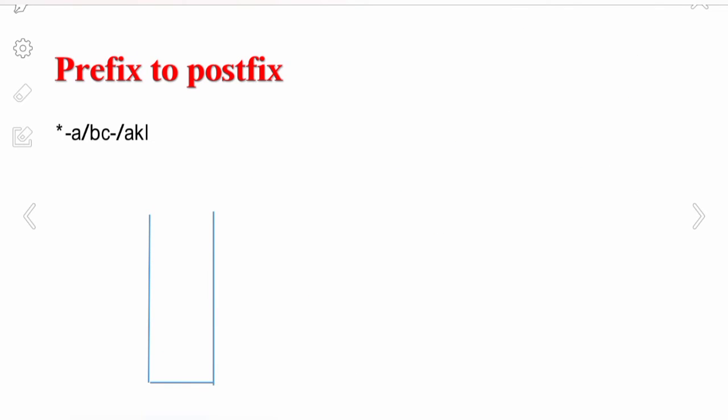The next one is the conversion of prefix to postfix. In this also we have a simple formula, that is operand 1, operand 2 and then operator. For the conversion of prefix to postfix we have to follow two steps, that is reversing and solving.